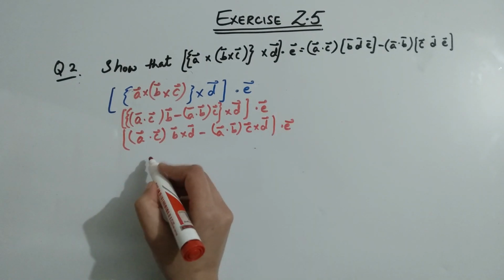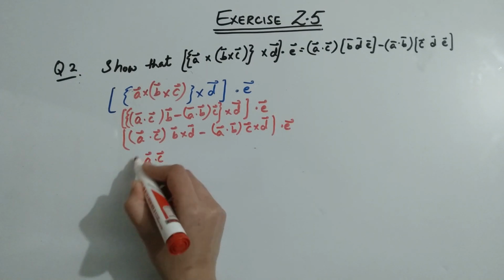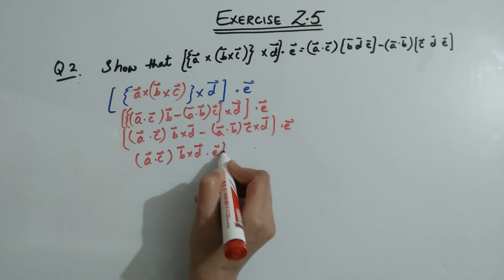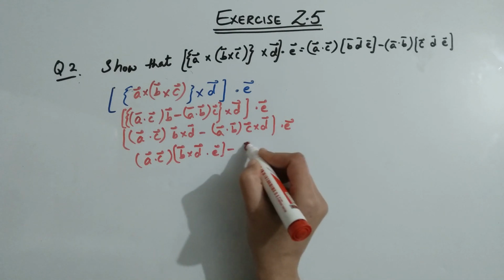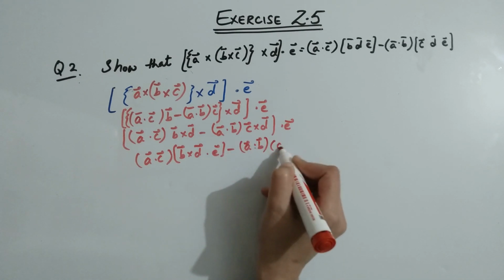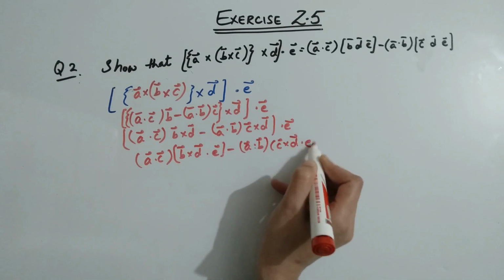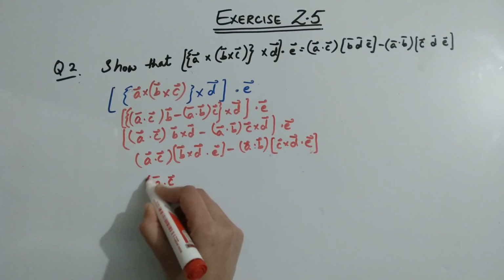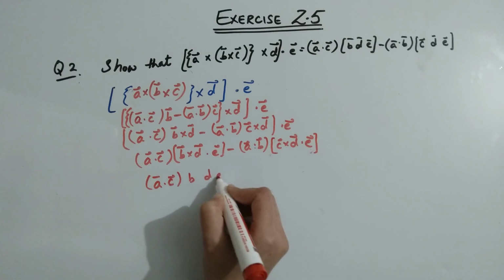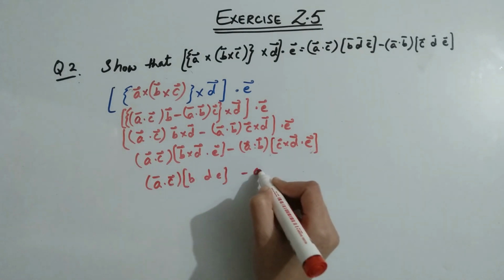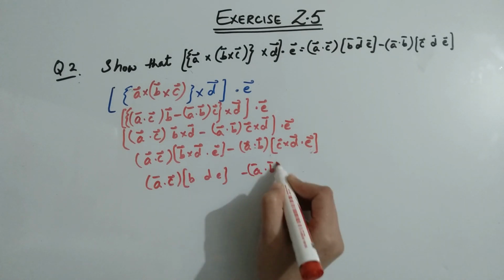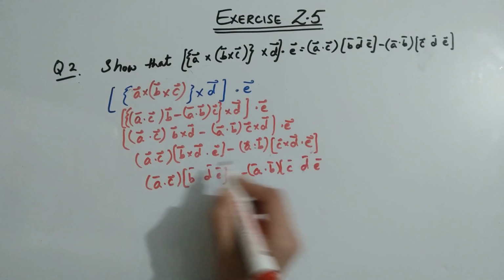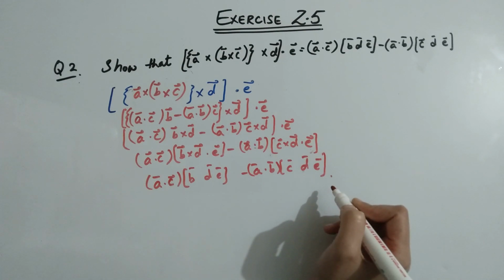So opening the bracket, (a dot c) (b cross d dot e), similarly minus (a dot b) (c cross d dot e). So this can be written as (a dot c) [b d e] minus (a dot b) [c d e], which was the right hand side we have to prove, hence proved.